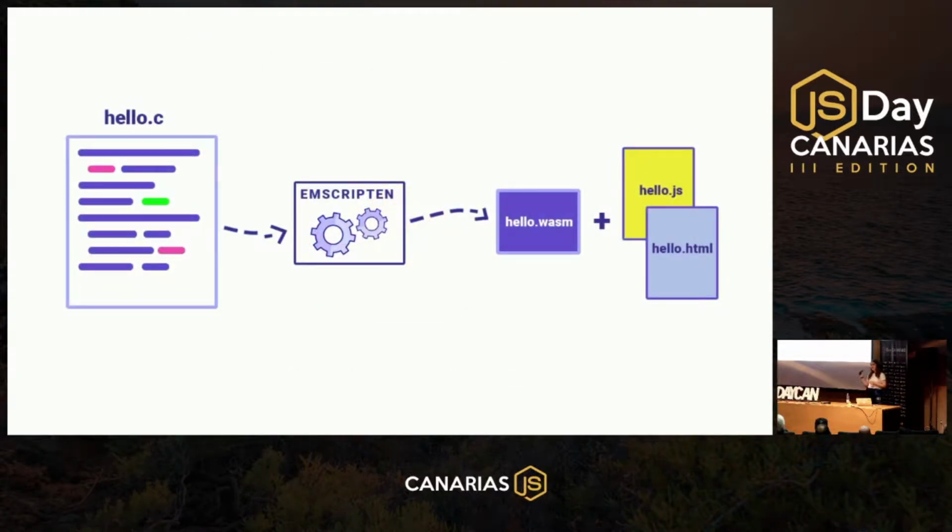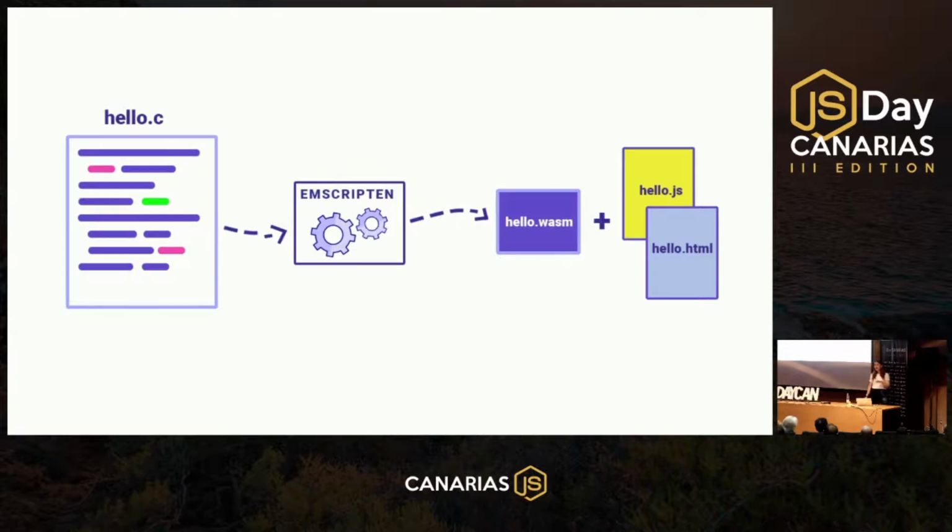Now, on the example of C and Emscripten, this is how that would work. Emscripten takes your source code and compiles it to WebAssembly. But it doesn't give you just a WebAssembly module. It also gives you an HTML file and a JavaScript file. Now, you need these things because WebAssembly, unfortunately, doesn't have direct access to DOM API, to web APIs such as DOM or WebGL or pretty much anything.